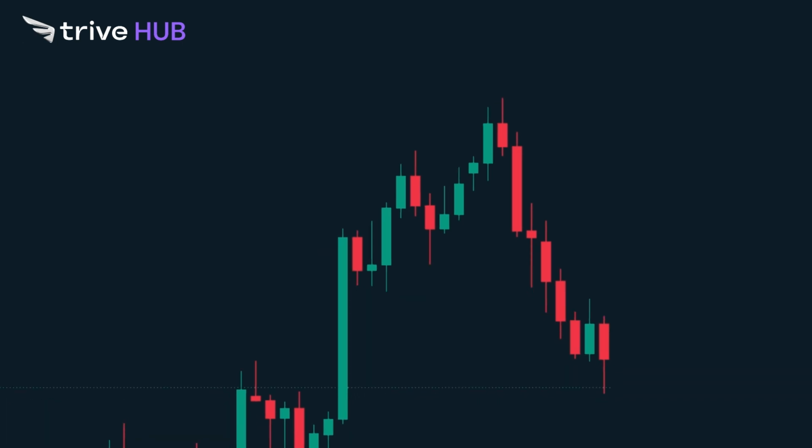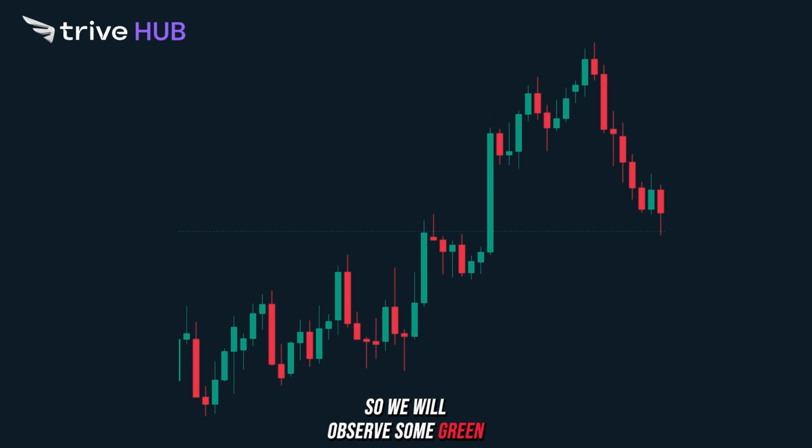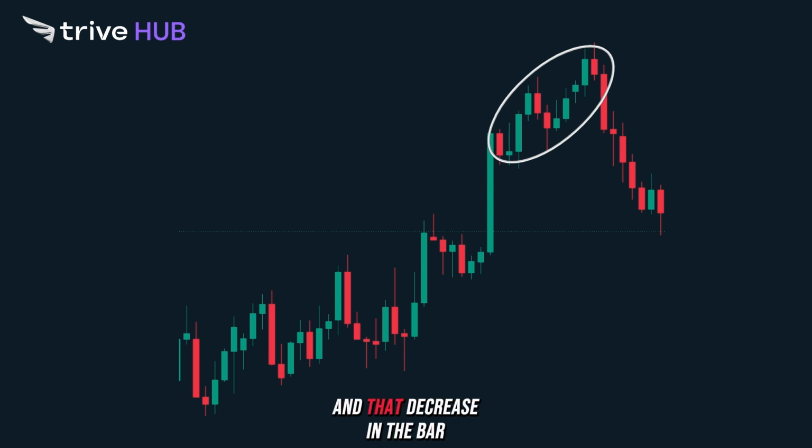So let's say we have an uptrend. We will observe some green bars at the start of the trend. They will be very good momentum bars, but at the end of the trend the bars will start to decline in size, and that decrease in bar range will show you that there is some potential weakness in this particular trend.